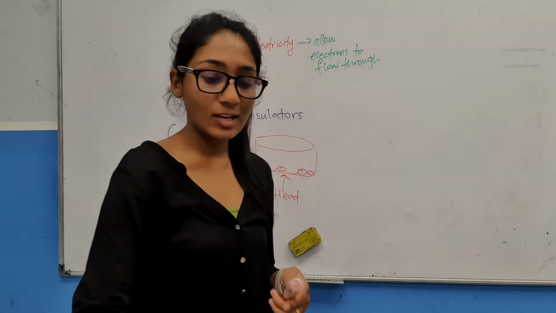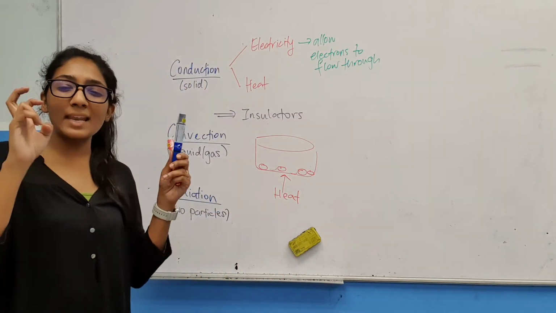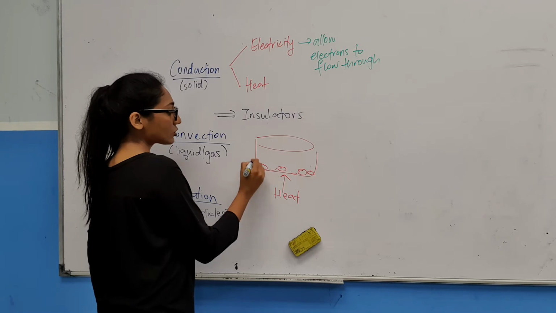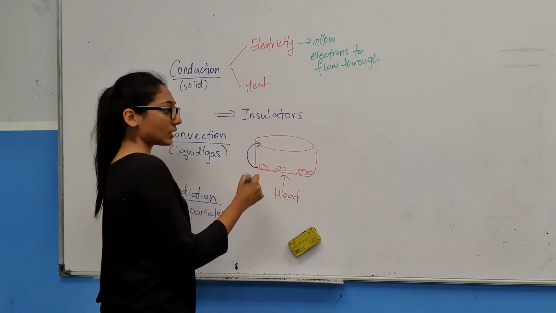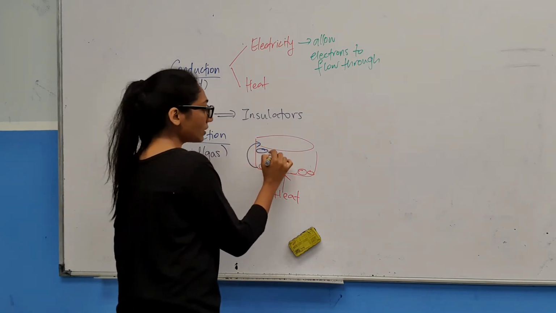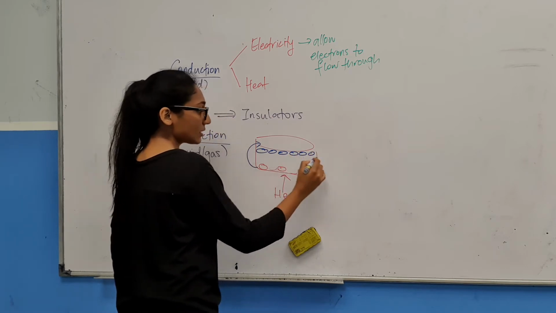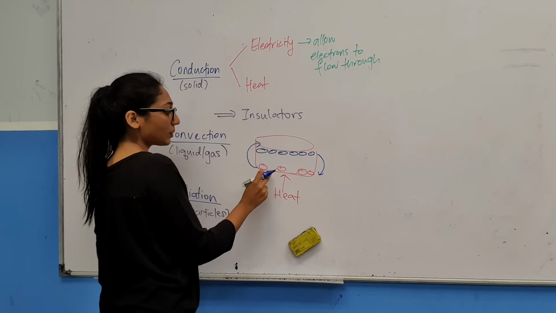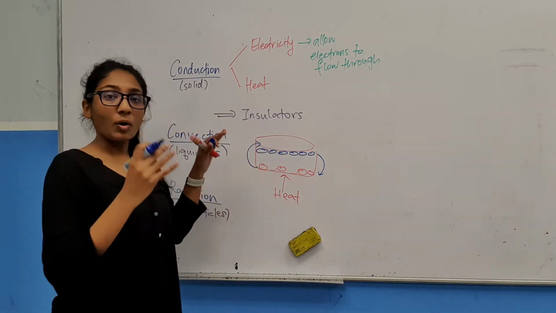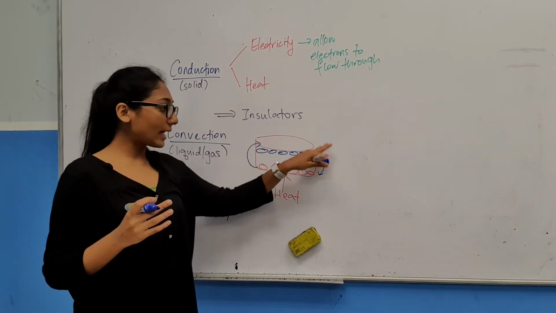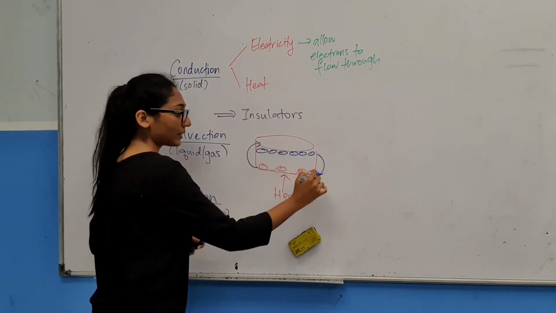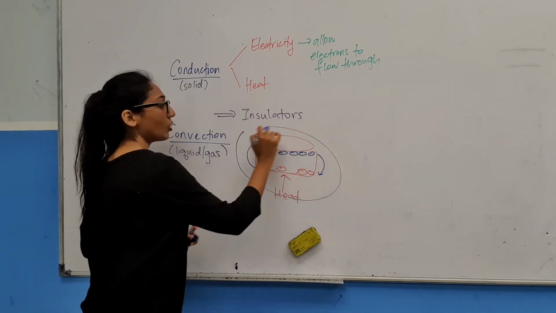When they are less dense, they float. It's like they're becoming lighter, in non-scientific terms, so they move to the top. And all the cold particles, which are denser, move to the bottom and sink. This process of warm water or warm air rising and cold air sinking, going up and coming down, is called convection.